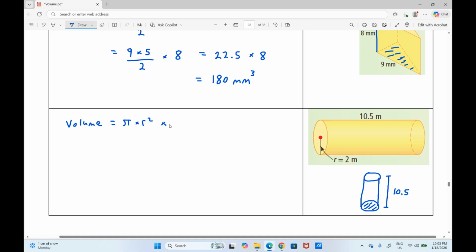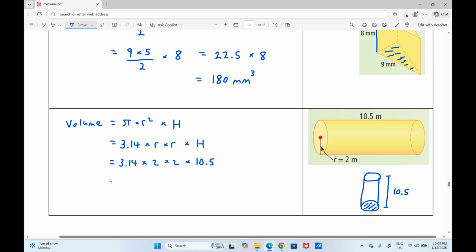And then I'm going to times that by my height. In this case, I'm going to replace pi with 3.14. And to make things simpler, I'm just going to break down radius squared as radius times radius, because that is radius squared. And then I will times by my height. So in this case, 3.14 times 2, which is my radius, times 2, which is my radius again, then times 10.5.